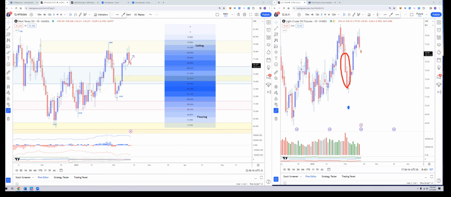I think what it means is that we have very strong volume coming in to push the price. So WTI is making a pullback down. Hopefully the market will find some kind of support in this region, so watch out for it.